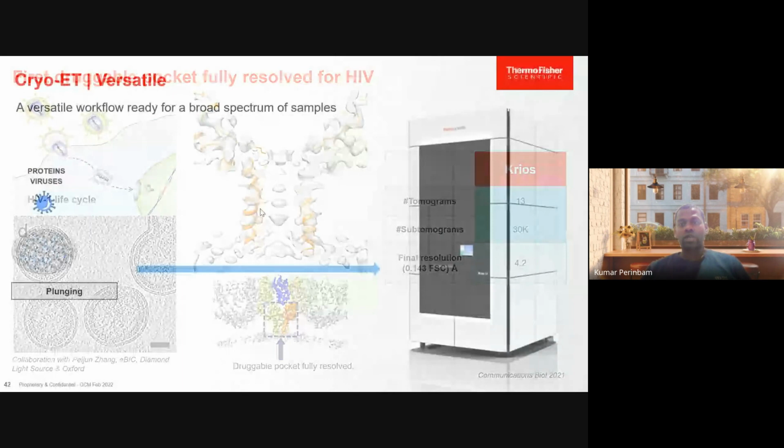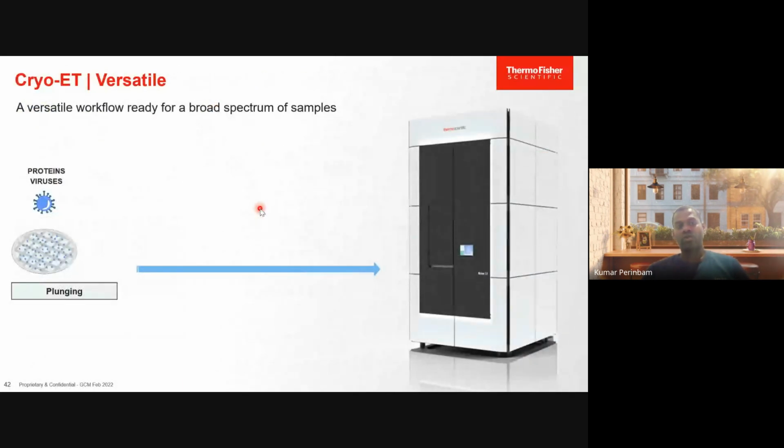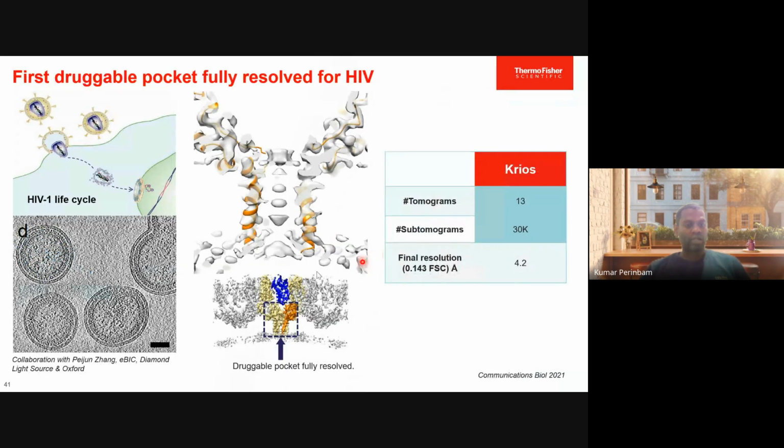Then you can create a tomogram, which eventually gives a cryotomography image of the entire virus itself. As you can see, you can directly see the membrane proteins on the virus, as well as the entire virus at atomic resolution. Here, the final resolution we got is 4.2 angstrom.